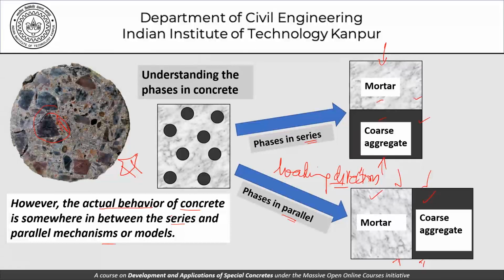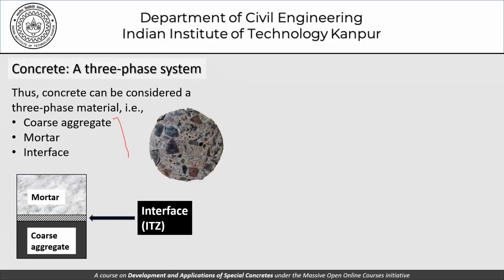Let's try to understand this a little bit more. We now have three players in this whole game: the coarse aggregate, the mortar, and the interface. These three fellows constitute the concrete. So we are trying to talk about it as a three-phase system.